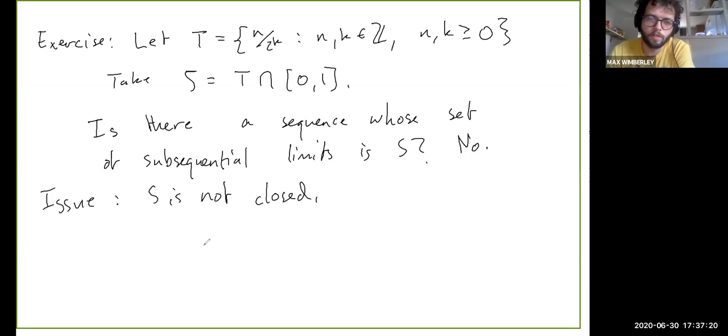The very last theorem from lecture 6 is that if you take any sequence and form the set of subsequential limits, that set has to be closed.